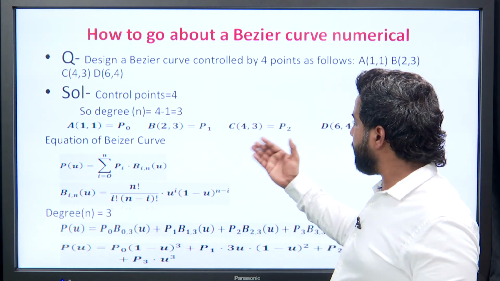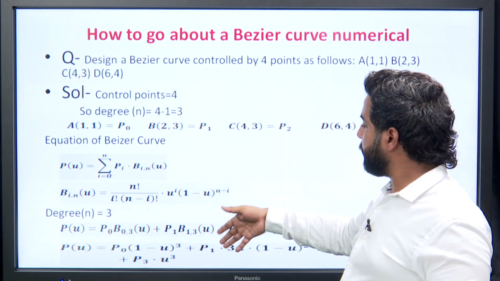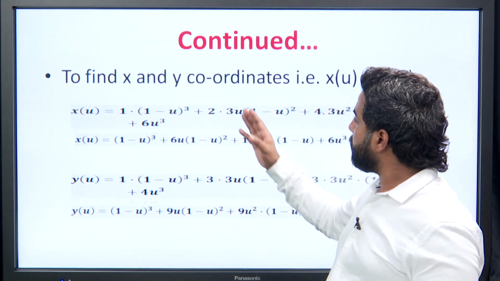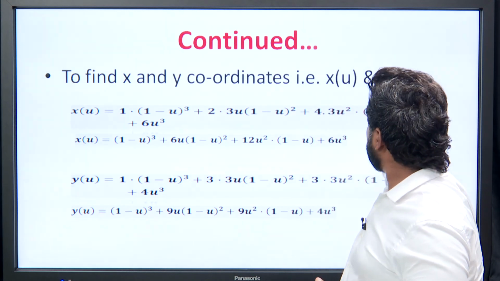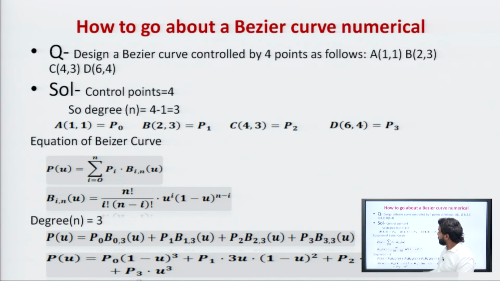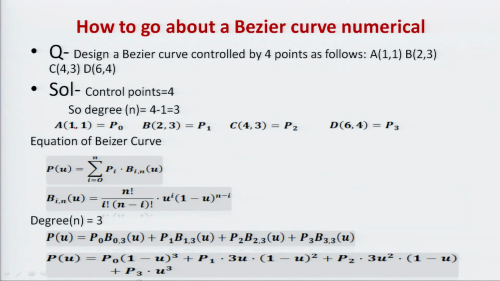So we will be putting the values of Px naught, y naught in this, and we will be getting our required answers. So now to find x and y coordinates, that is x(u) and y(u). Here we can see this is x naught, this is y naught, this is x1, this is y1, this is x2, this is y2, this is x3, this is y3.